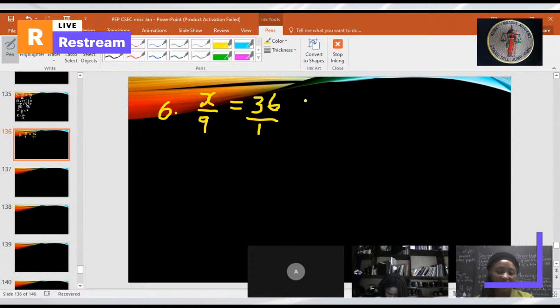So we have x over 9 is equal to 36 over 1. So we cross multiply: x times 1, which is x, is equal to 36 times 9. And how much is that? 324.